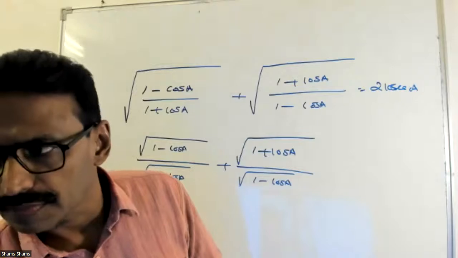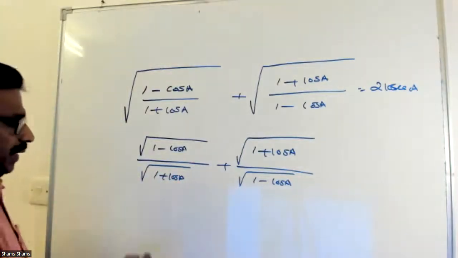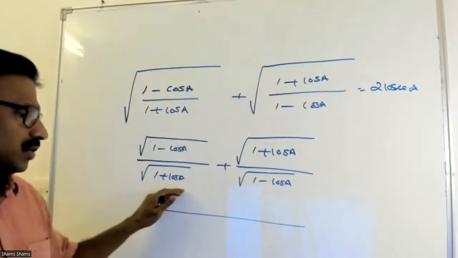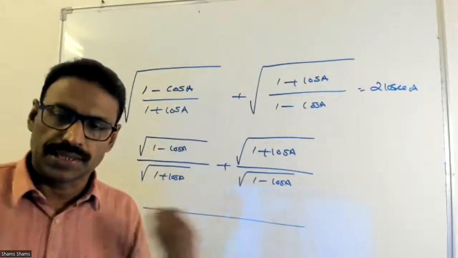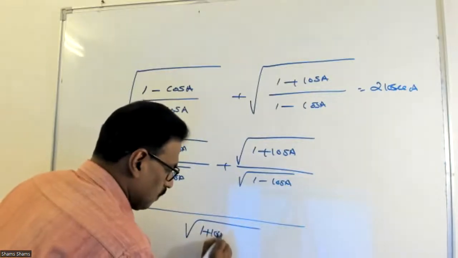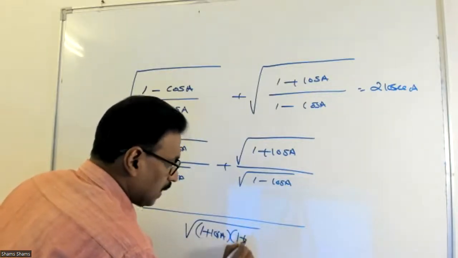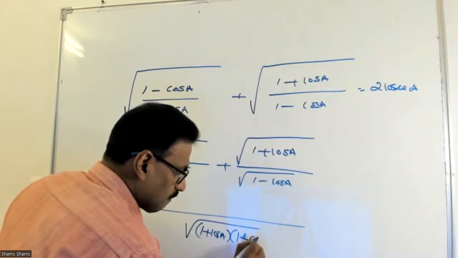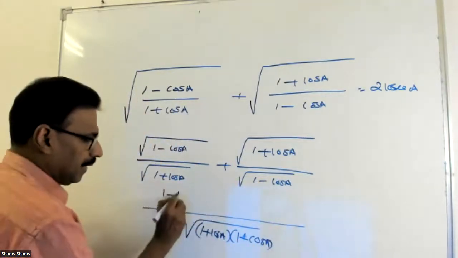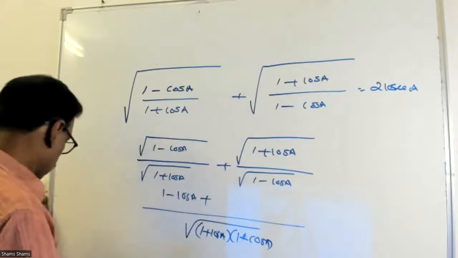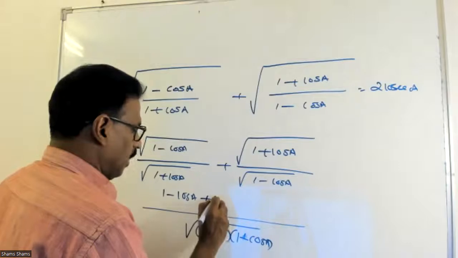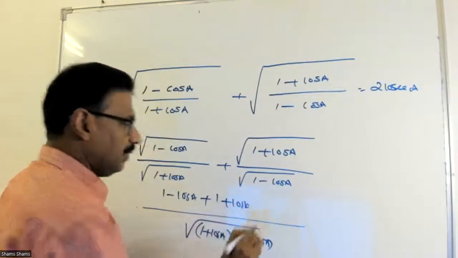Then LCM is root of 1 plus cos A into root of 1 minus cos A. I'm writing in one root: 1 plus cos A into 1 minus cos A. Then this goes to here, that is 1 minus cos A plus 1 plus cos A. Are you okay now?